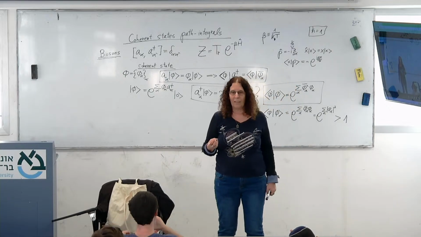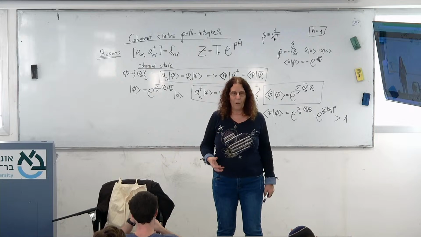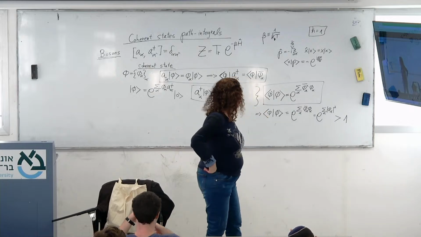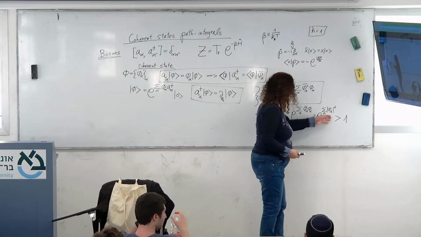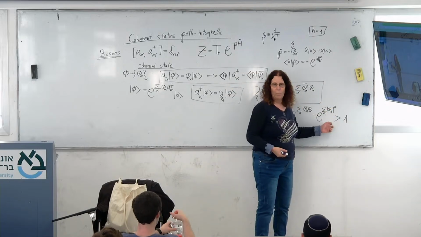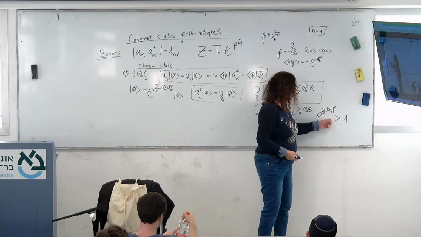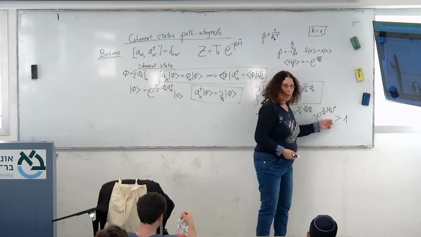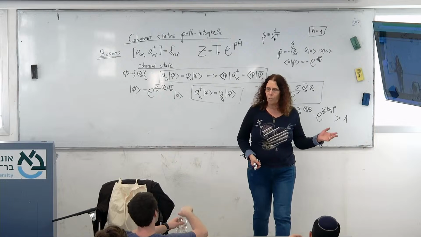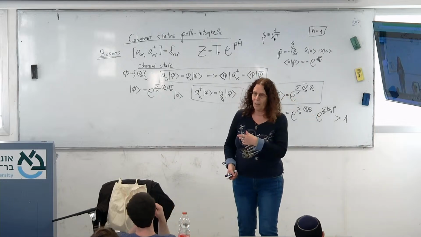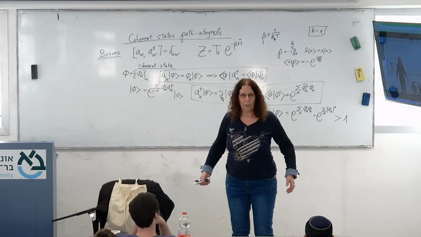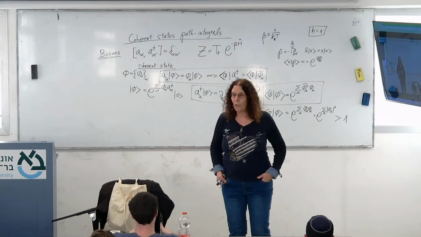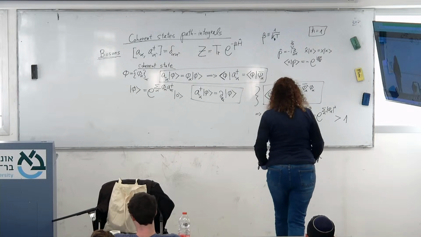Or a constant number that you can divide by. But in fact, that's not what you get. You get something that is always bigger than 1, and in some cases, it can even be infinite, because the set of quantum numbers alpha can be infinite. There's no limit to it.